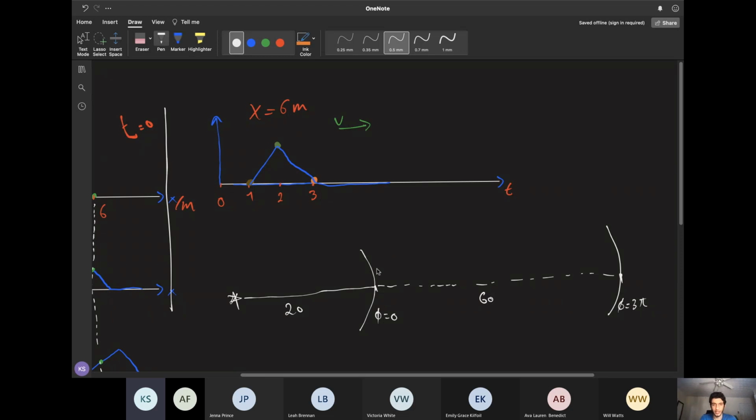So between this point and this point, how many waves are there?